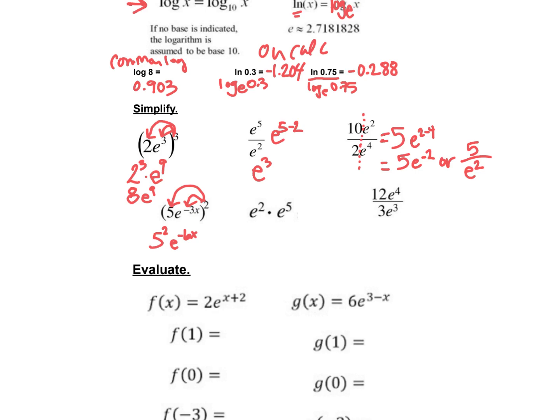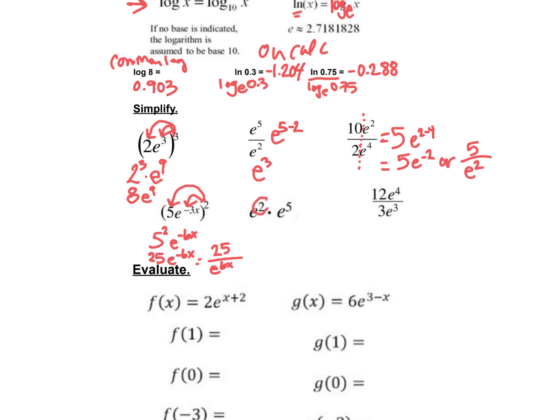If we bring that downstairs, the negative 6x, that's going to end up equaling 25 over e to the positive 6x.